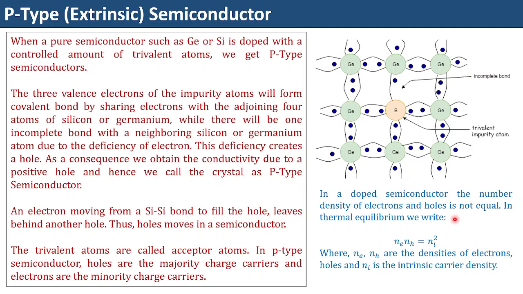But there is a relation which is maintained at thermal equilibrium, and that relation is given by, for any extrinsic semiconductor, the product of the electron and hole density is equal to the square of the intrinsic carrier density. n_i is the intrinsic carrier density. Alright. Now this relation is very important in the case of an extrinsic semiconductor at thermal equilibrium. You may be asked to do some numerical problems based on this relation. So this is an important thing, please do note it. Alright.